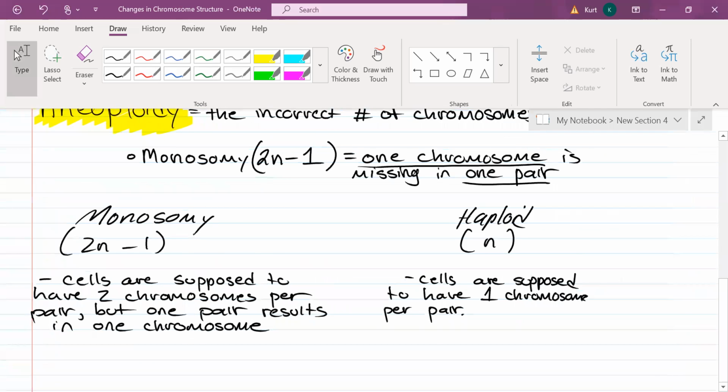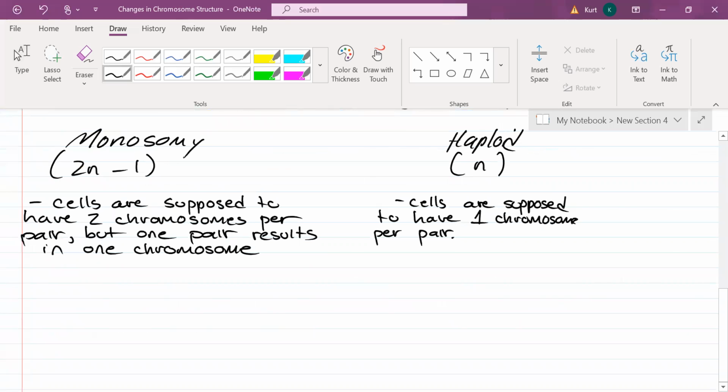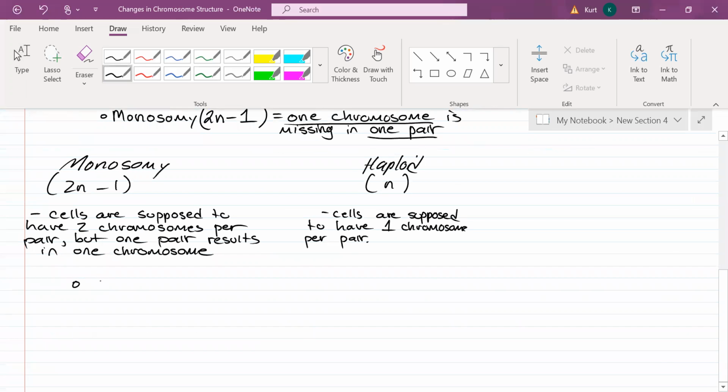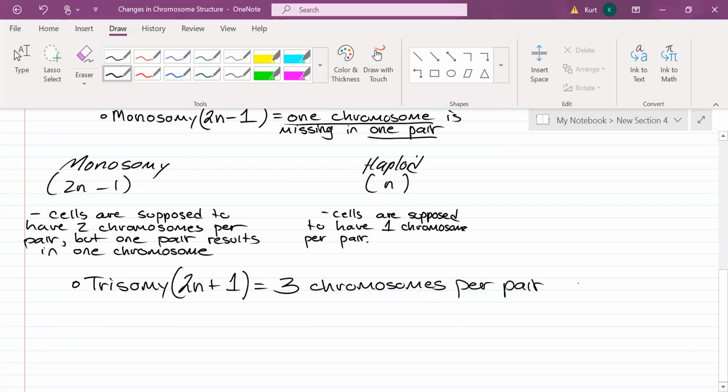Okay, now the opposite of monosomy is trisomy. This is 2n plus 1. This results in 3 chromosomes per pair, when there should only be 2.